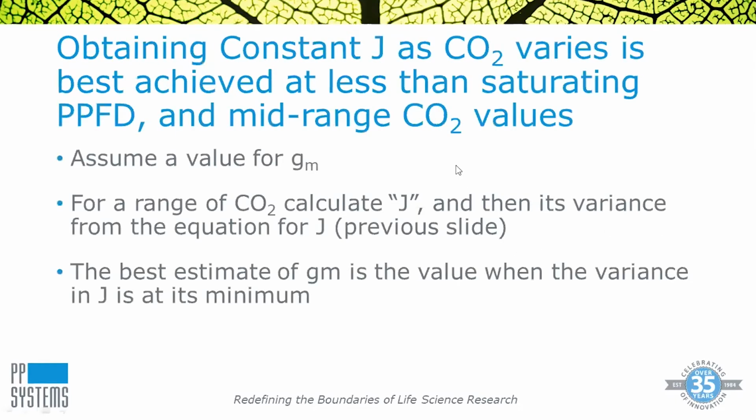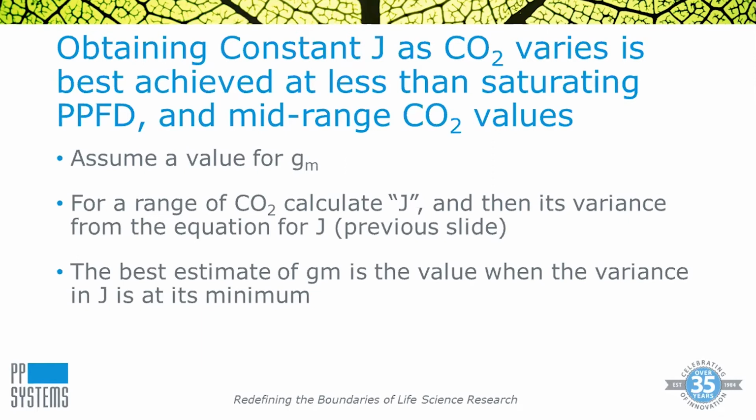Obtaining a constant J as CO2 varies is best achieved at less than saturating light and a mid-range of CO2 values. If you target in there and vary CO2, you often come up with essentially constant J as CO2 varies, and that's what you're looking for in this method. So what you do is go back to the equation I just showed you.